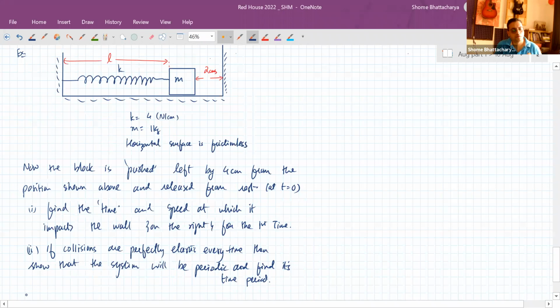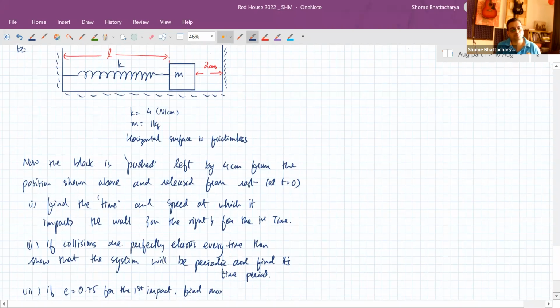On the other hand, if e is equal to 0.75 for the first impact, then find the maximum compression for the spring after the first impact.